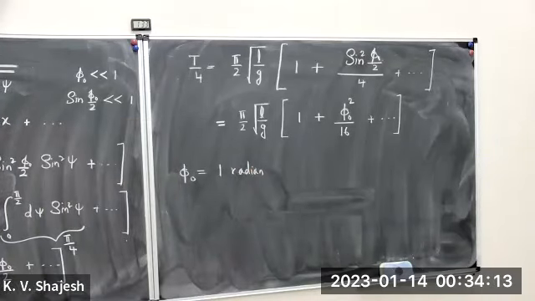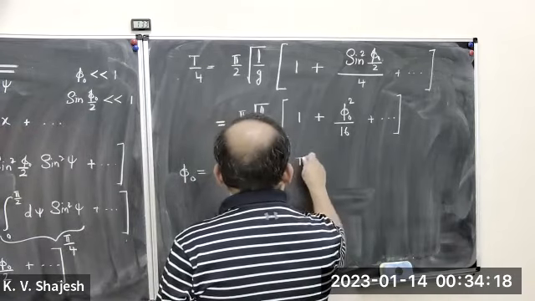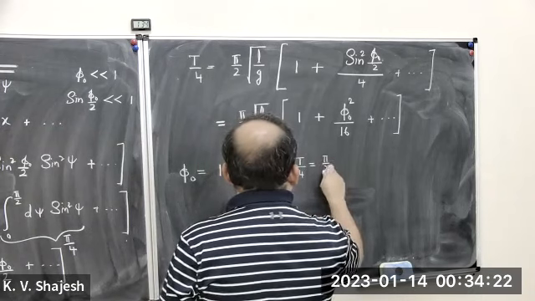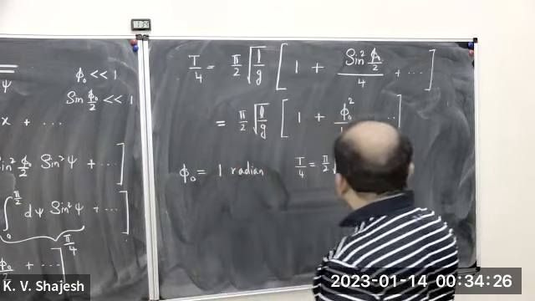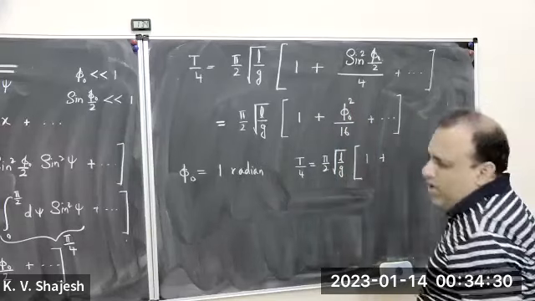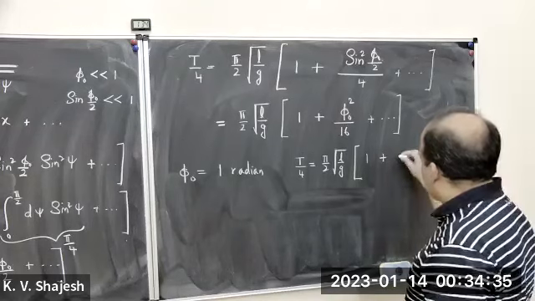So T over 4 will be equal to pi by 2 square root of L over g times 1 plus, this is now 1 radian, so 1 squared, 1 over 16 is about 0.06.